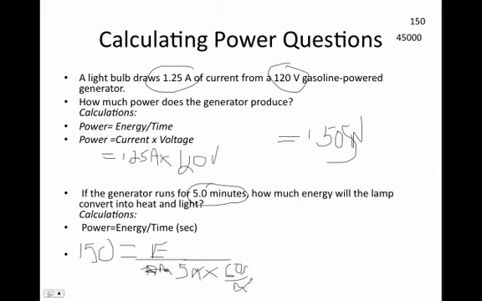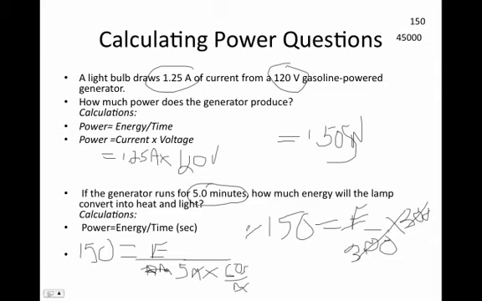Seconds over minutes, these cancel, so let's clean up some terms here. 150 is equal to energy divided by 300. Okay, well let's multiply both sides by 300. So 300 on this side, and those equal 1, and then times this side by 300.